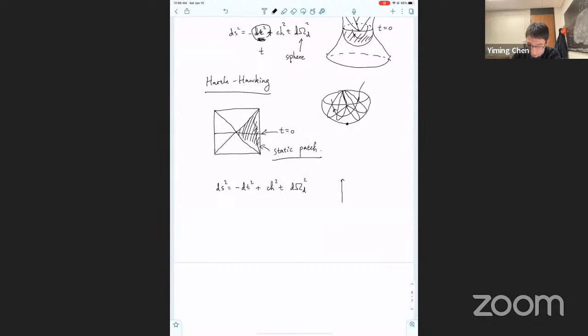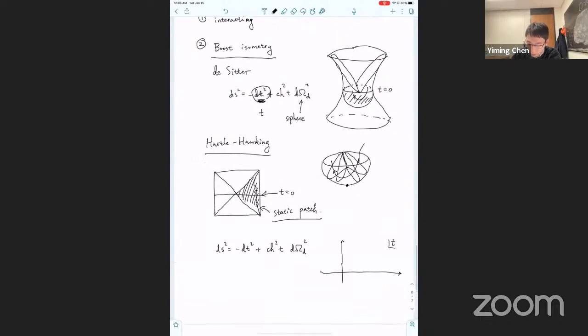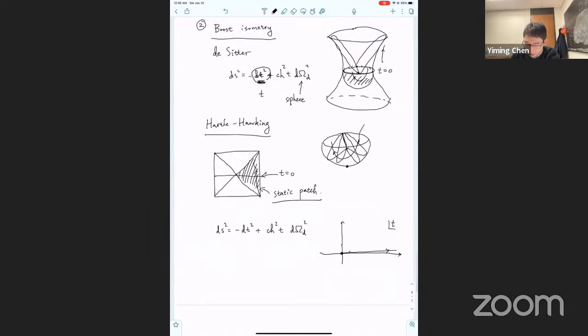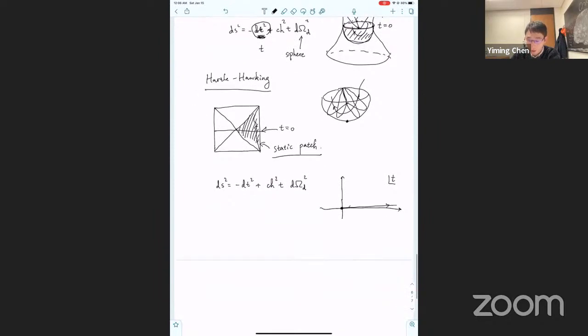So let me draw a complex plane for the t variable. Here, from the t equals 0 slice going upwards, I'm going from t equals 0 to infinity, okay? And what I meant here is that at t equals 0, I do a Wick rotation. Instead of going along the real axis, I go along the imaginary axis, okay?